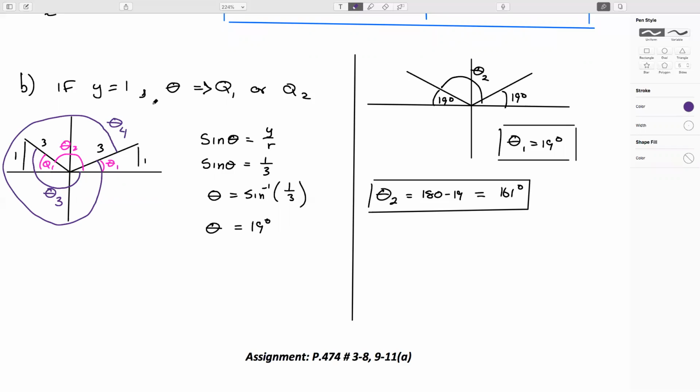Okay. So now, theta 3 is 19 degrees past negative 180. We've gone negative 180. We need to go another 19. So theta 3 is just negative 180 minus 19, and it's going to be negative 199 degrees.